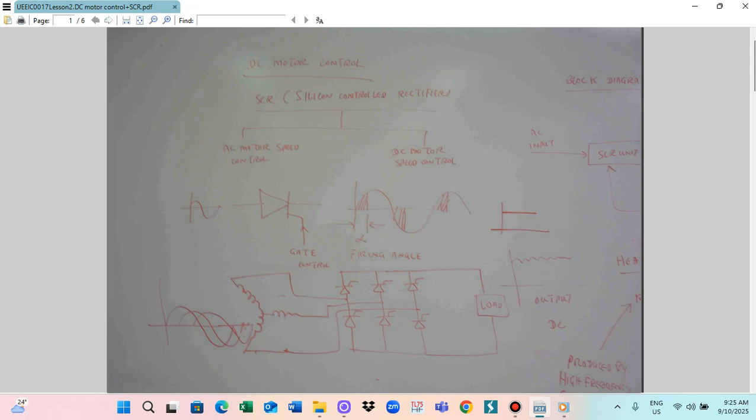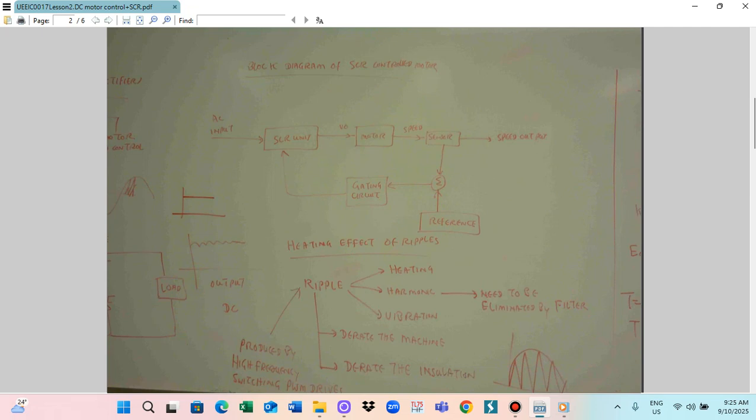Block diagram of the SCR control motor. We use AC input, which is fed to the SCR unit.